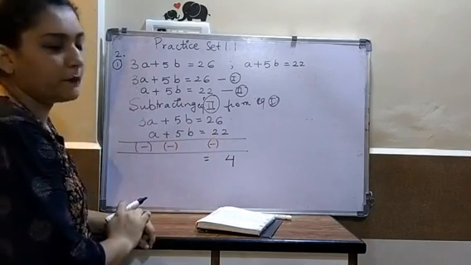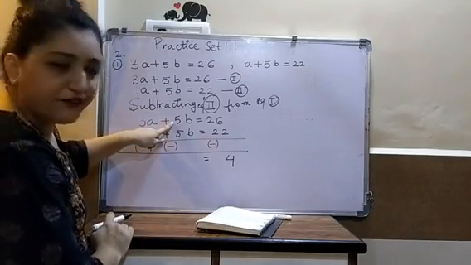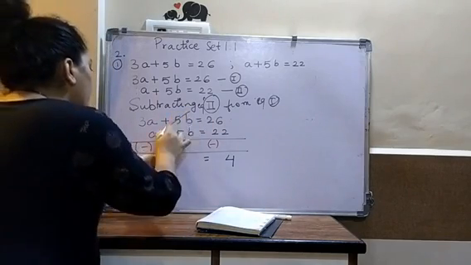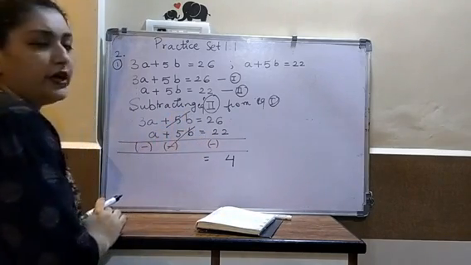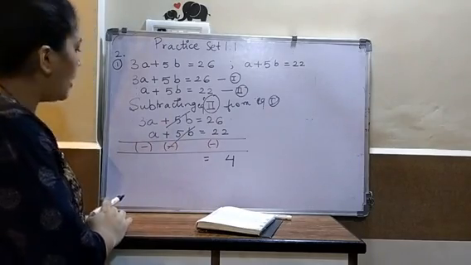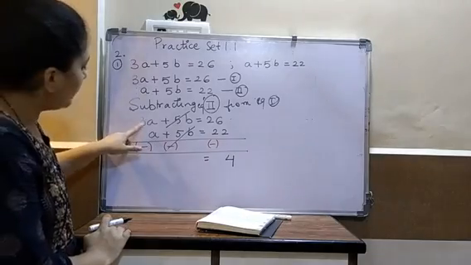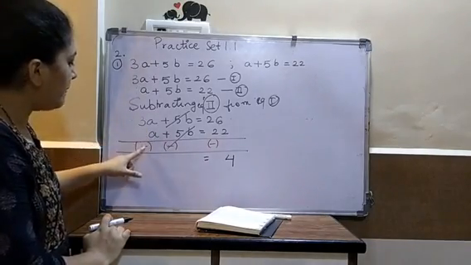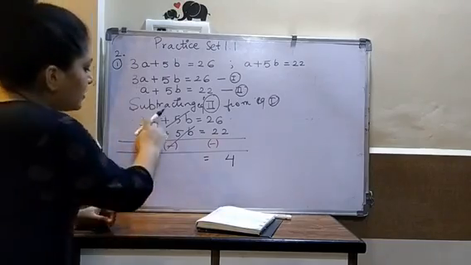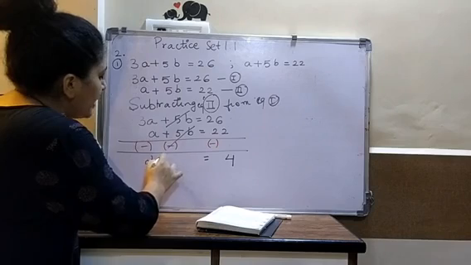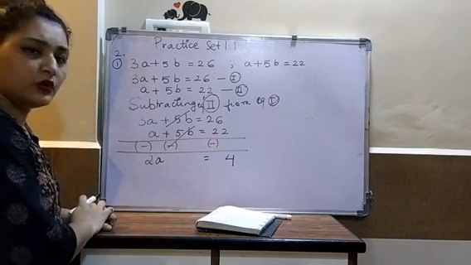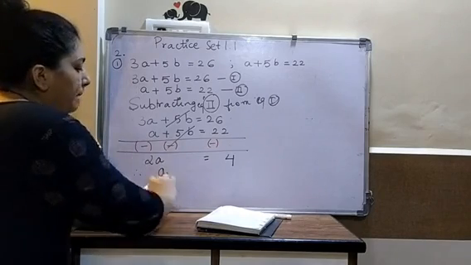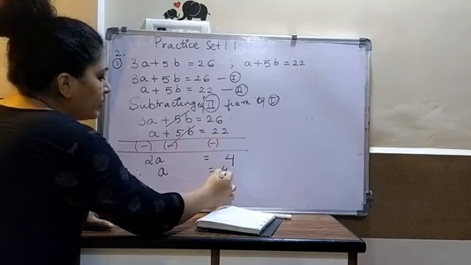Okay, I got 4 here. Now this is plus 5b and this is minus 5b. So plus and minus 5b got cancelled. Now remaining with this, 3a minus a, that is 3a minus 1a. 3a minus 1a is 2a. We all know. Then multiply by 2 becomes divided by 2 over here.